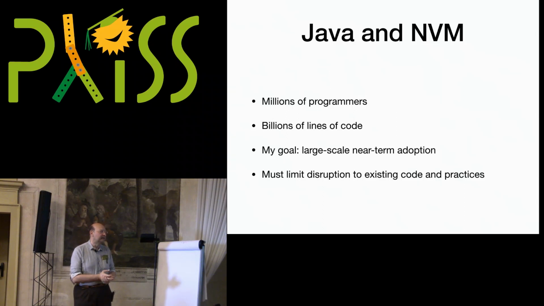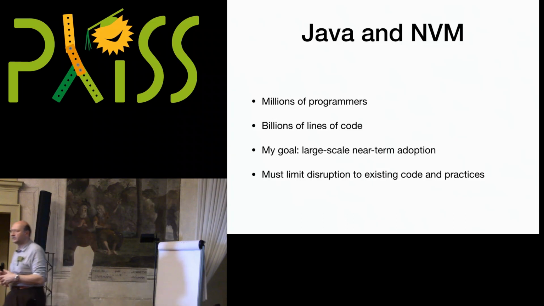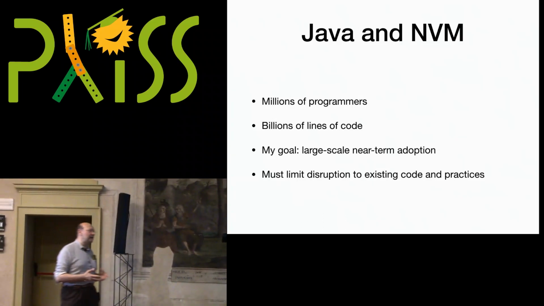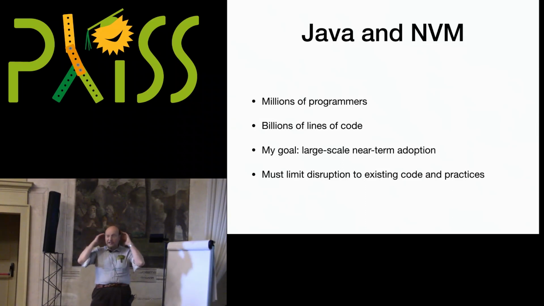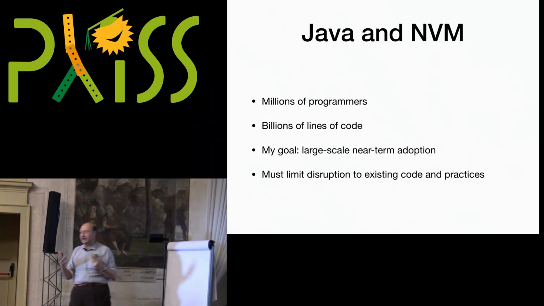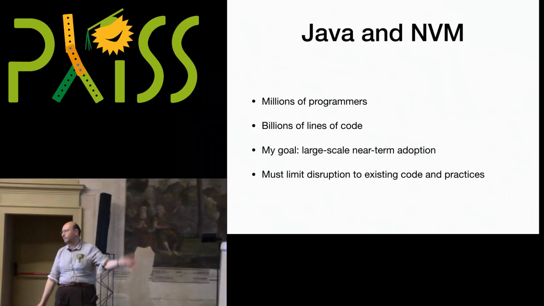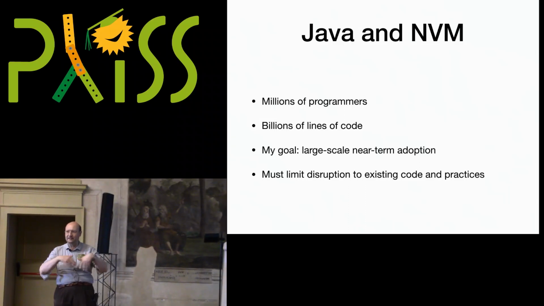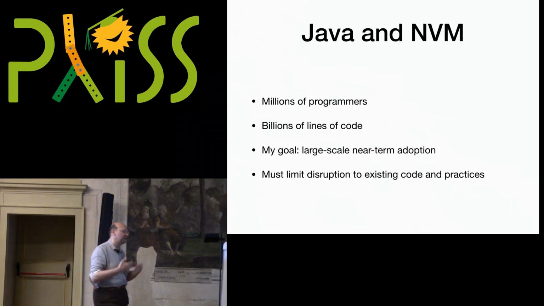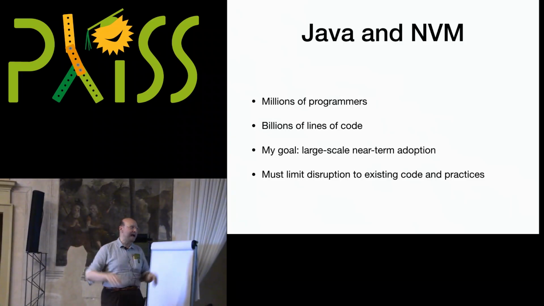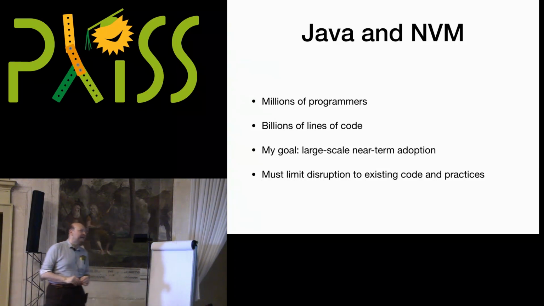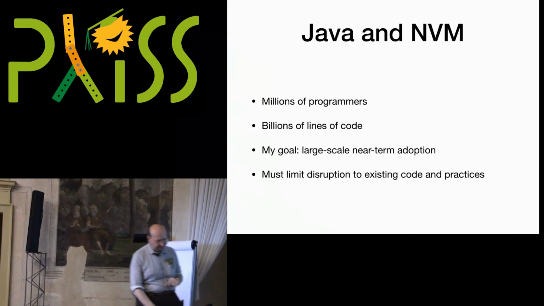My goal in this work is to try and figure out a solution that would enable lots of code reuse and lots of mental reuse, i.e., you don't have to retrain all the programmers that have to use it. It's recognizably, familiarly Java with some extensions, and the extensions are not massive. That's kind of the central point.